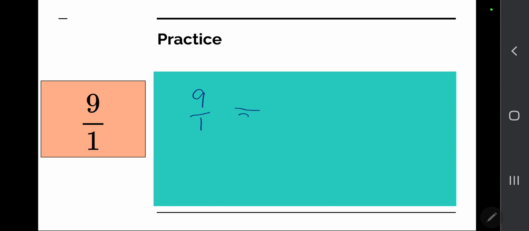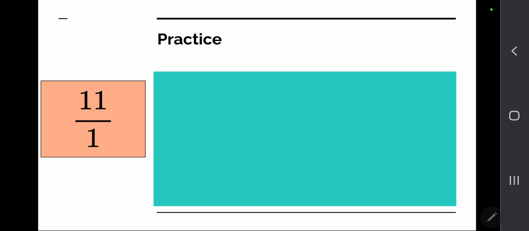So 9 is now the denominator and 1 is now the numerator. And when we multiply these together, 9 times 1 is 9. 1 times 9 is 9. We get back 1. All right, so for the whole number 9, we see that the reciprocal of 9 is 1/9.